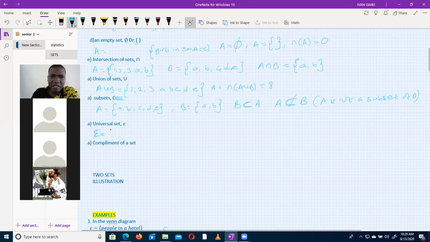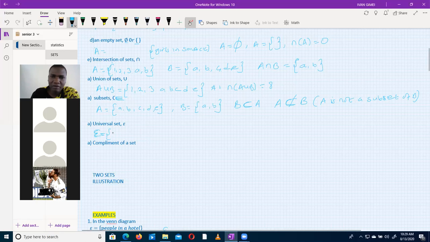This is our universal set, and they're saying this universal set is, let's say, a set of even numbers. Can they be even numbers? Okay.